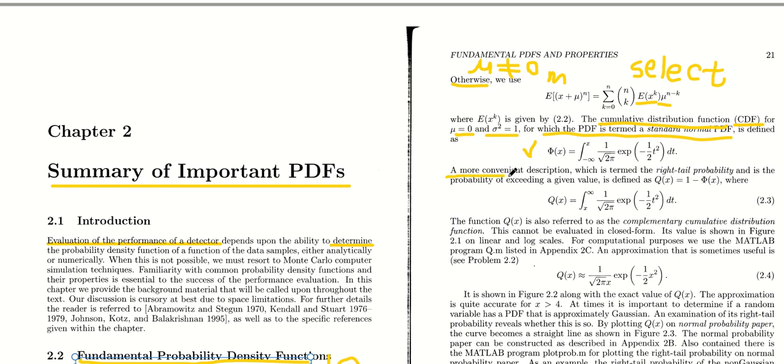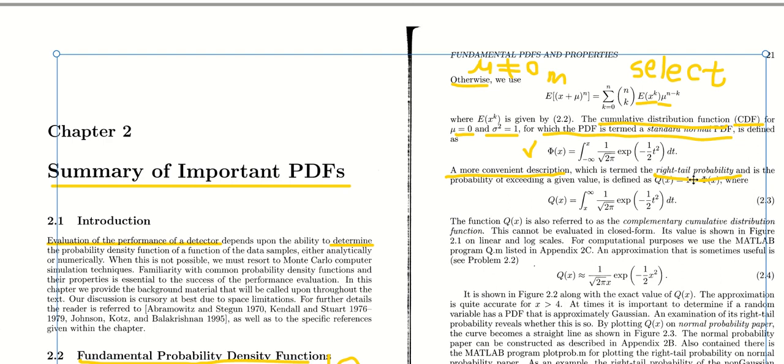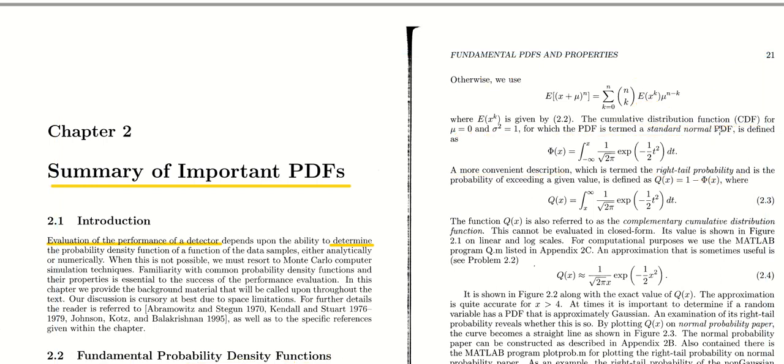And then a more convenient description, which is termed the right tail probability. If you have taken notes, then let me delete it and rewrite part of it just for the space consideration.